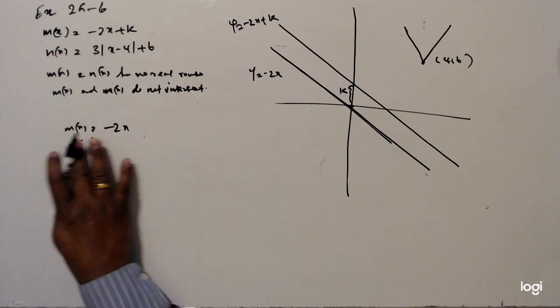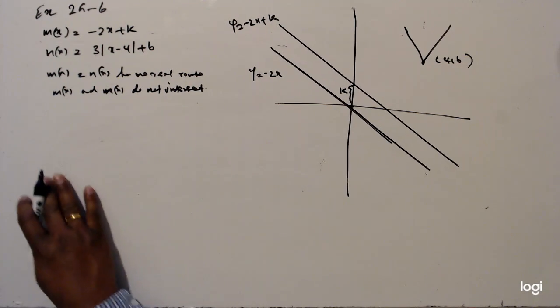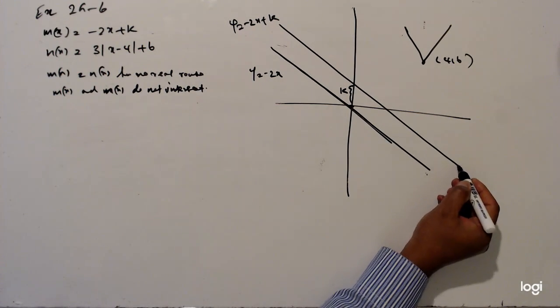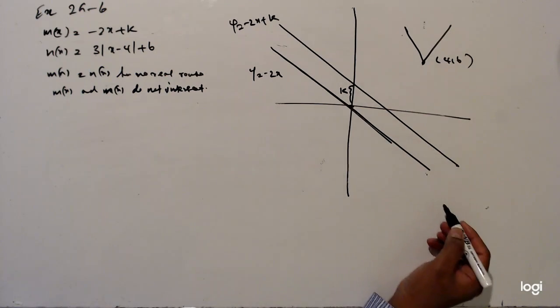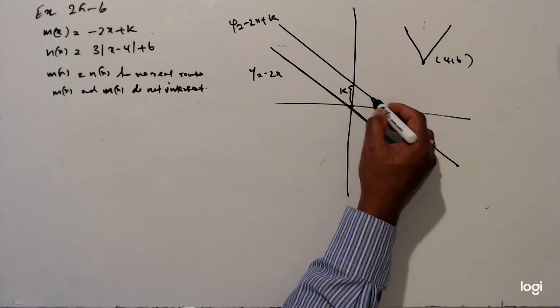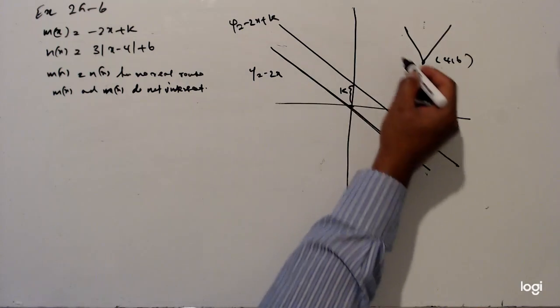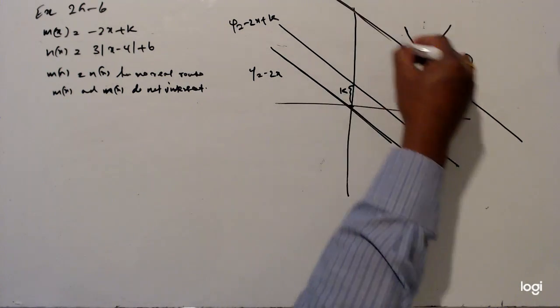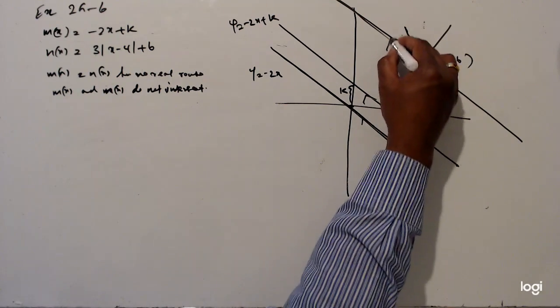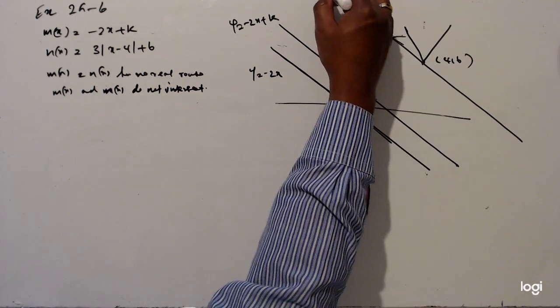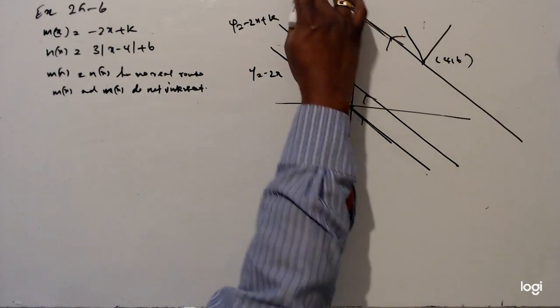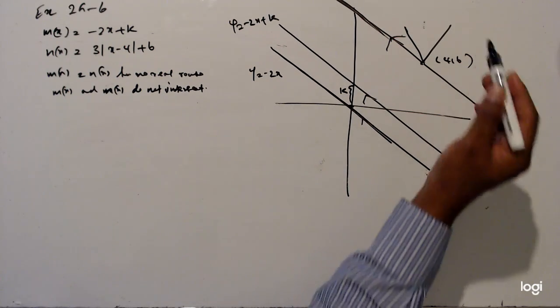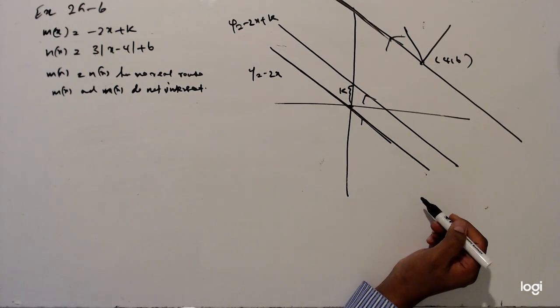Now to intersect those two graphs, this graph and this graph, then this line should go through this, it should be parallel lines, everything. 4, 6.